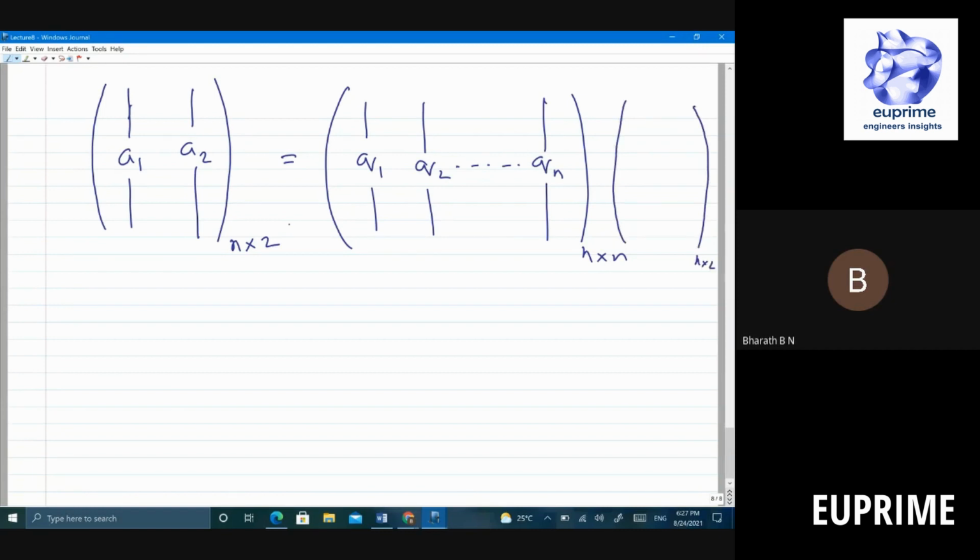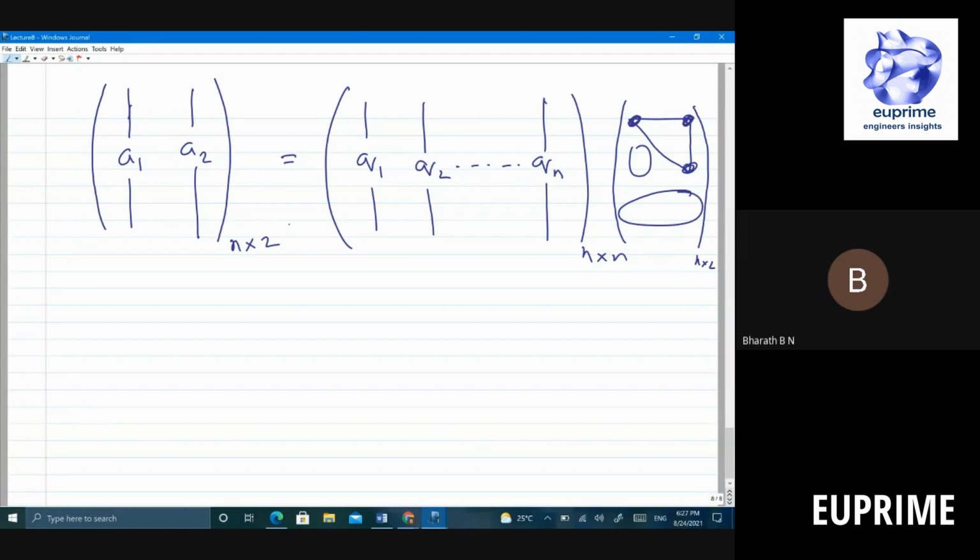What should be the entry here? It should be upper triangular, with zeros below. Only these two rows are non-zero: this entry, this entry, and this entry. That's all. Do you agree?